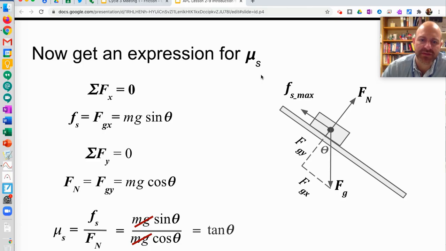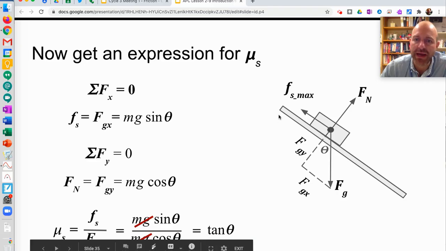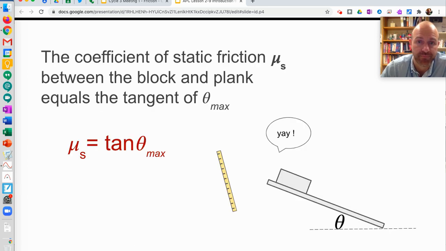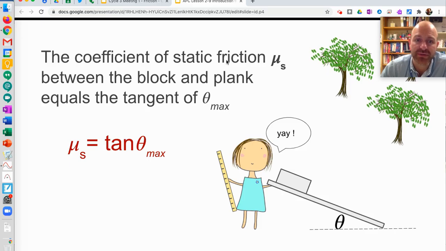We can simplify this equation, and essentially, static frictional coefficient can be found by lifting up a board until the block just slips and taking the tangent of angle theta, which you might know simply by measuring the height and length of the triangle formed by the board. So mu-s equals tan theta max.